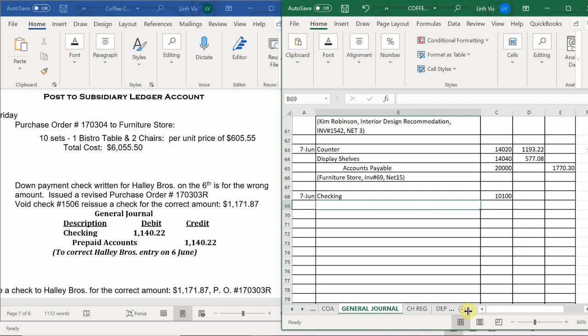So in this case, we have a purchase order that we revised. The purchase order said that we had to make a down payment of 1/3 of the payment. So it is a prepaid account, no? Prepaid accounts, yes. Yeah, here we go. Down payment.